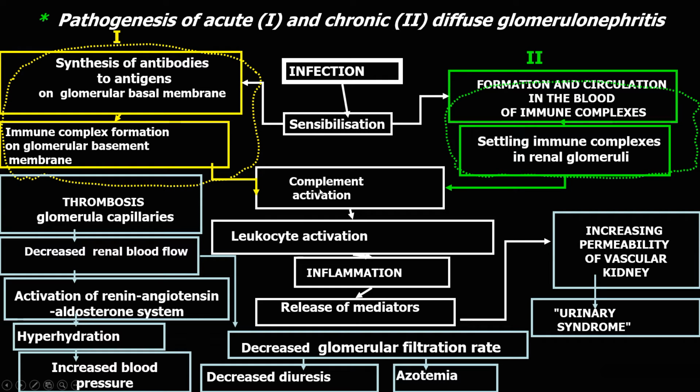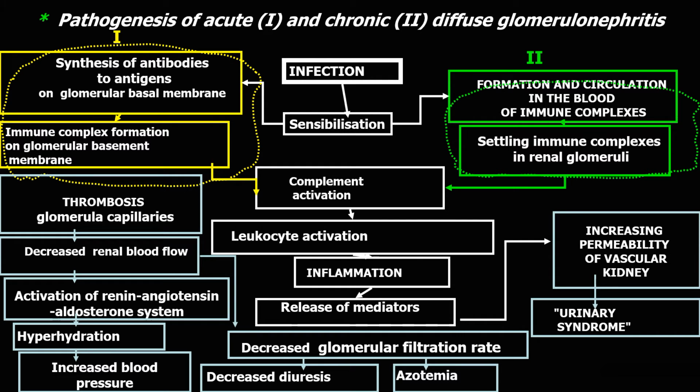And after that, complement activation, leukocyte activation, thrombosis of glomerular capillaries, decreased renal blood flow, decreasing perfusion of the kidney, activation of the renin, angiotensin, and aldosterone system, and retention in the body of sodium and water.